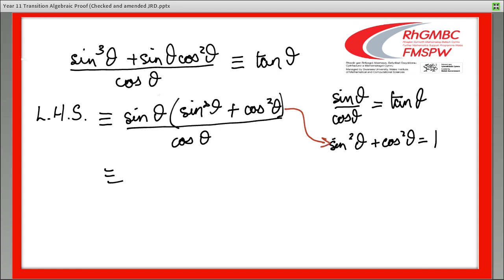So at the top of that, well, we've got that this bit comes from there. So that will give me sine theta divided by cos theta. And that's equivalent to tan theta.